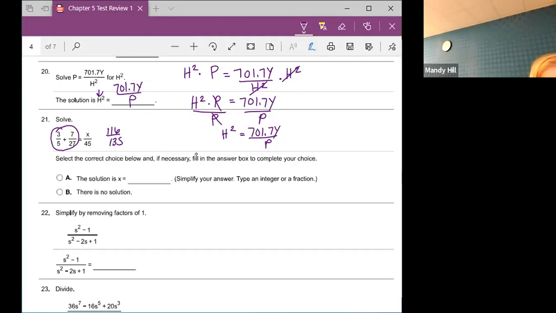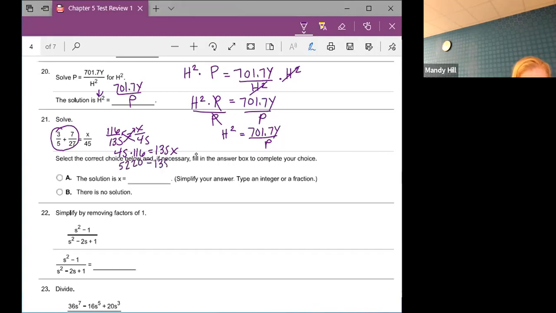And we've got that that is equal to x over 45. I would just cross multiply on this one, would be the easiest thing to do. So we would do 45 times 116 is equal to 135 times x. 45 times 116 is 5,220.